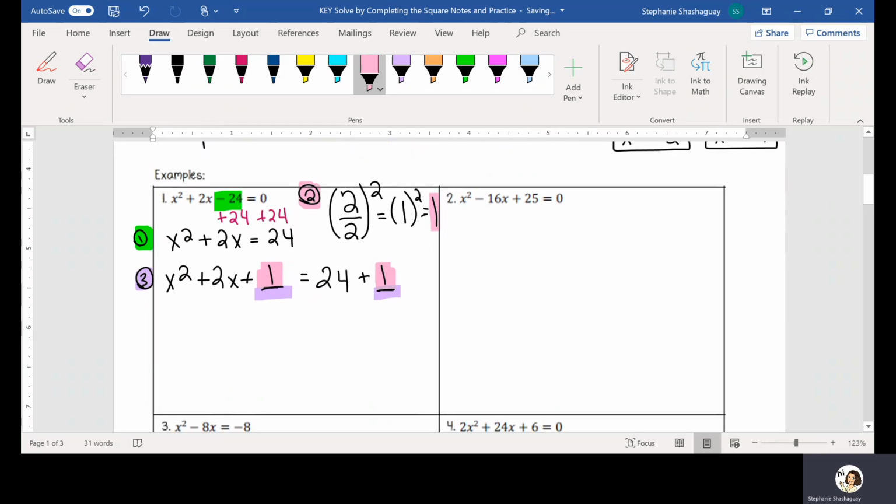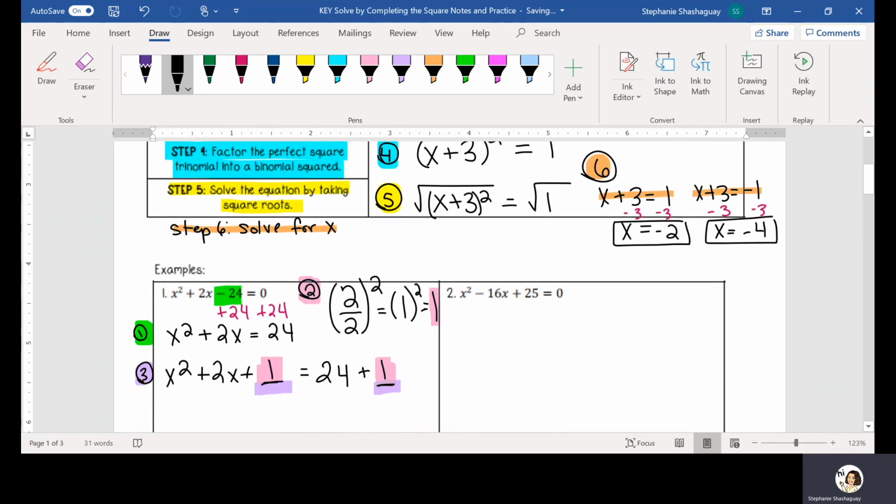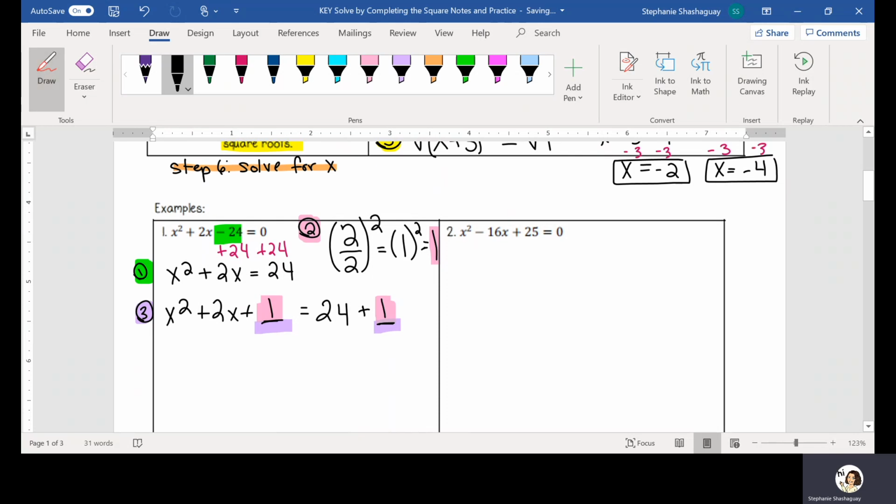Okay, so now we can simplify, and actually, I can rewrite that as a perfect square trinomial now for my step 4, which is factor the perfect square trinomial into a binomial squared. So we can go ahead and do that in step 4 now.